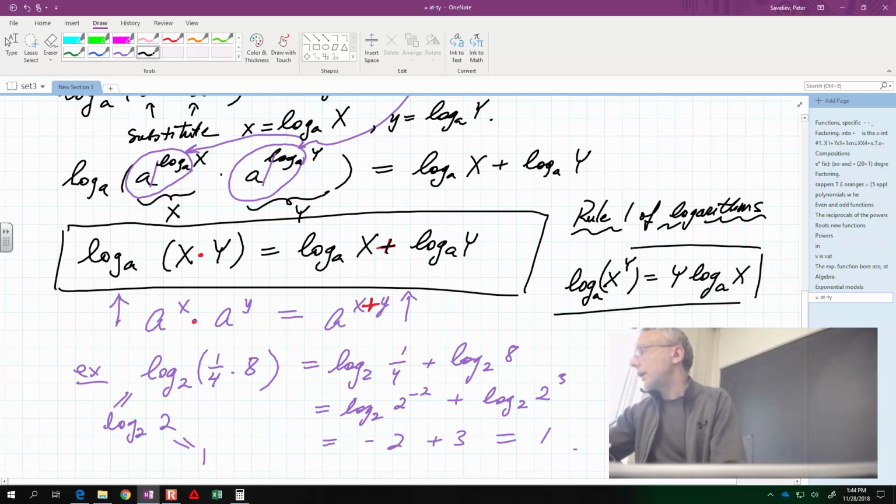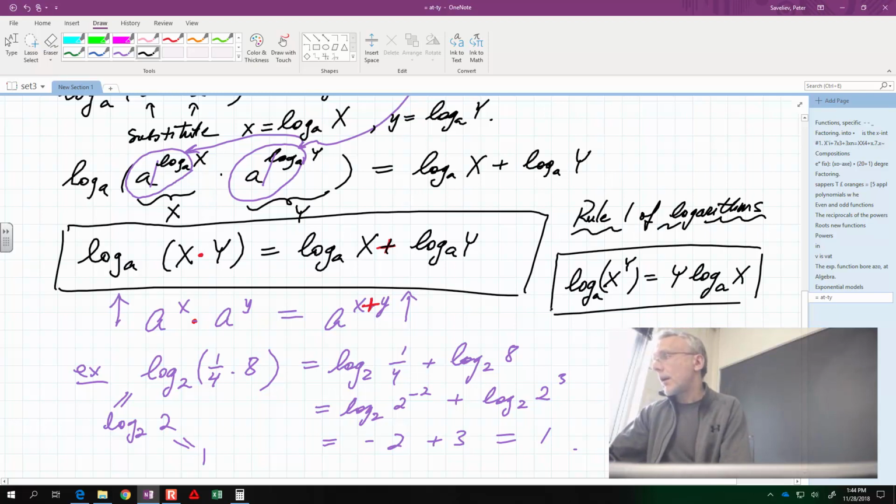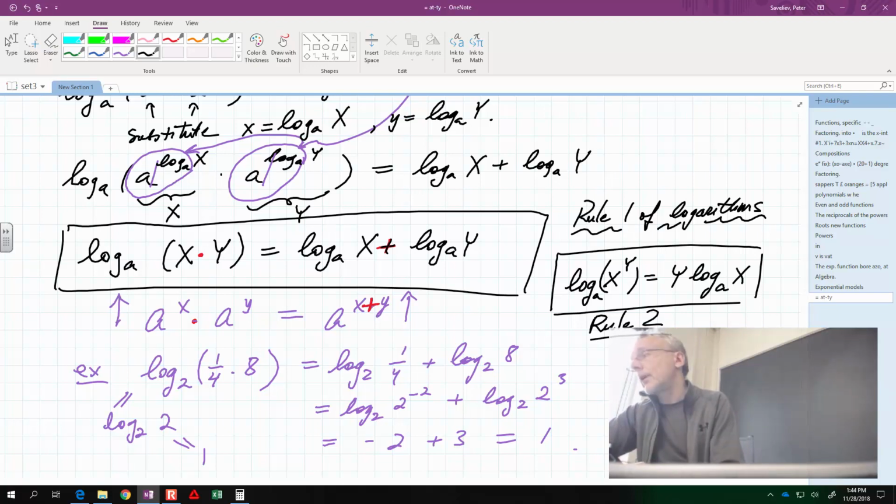I'm just writing it here because we are short on time. Deriving that rule number 2 takes a little bit of time from the properties of the exponential functions. So this one is especially convenient, and we'll discuss that.